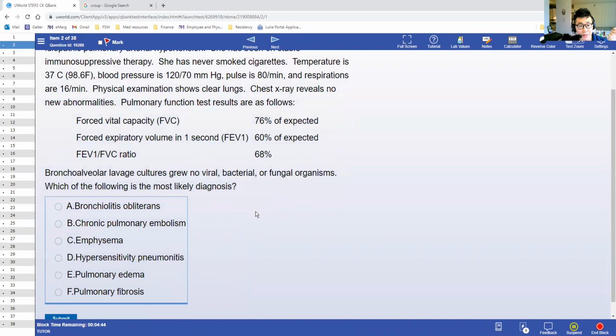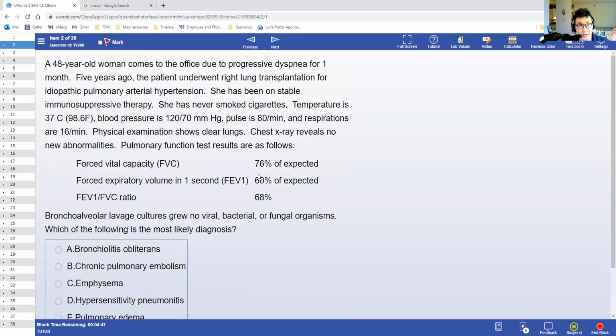Next question. All right, so this is a diagnosis question. This is a patient who has undergone a lung transplant, on immunosuppression, vitals look fine.